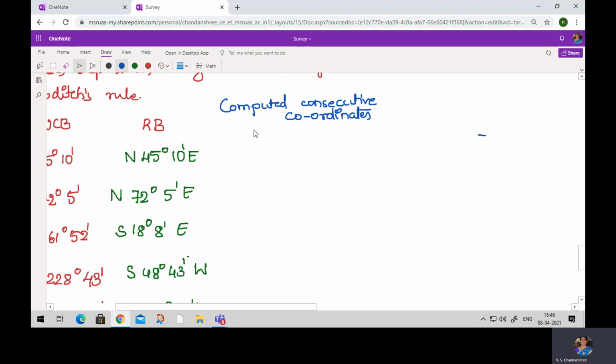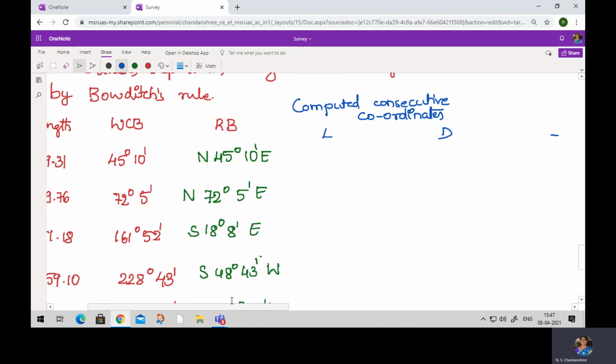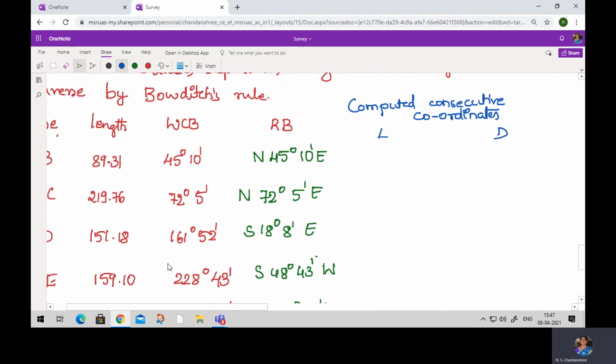So computed coordinates are latitude and departure. Latitude is always calculated using L cos theta, departure is calculated using L sin theta. If we see here, both are positive in this case. So by applying L cos theta, L is the length of the line, that is 89.31 meters.